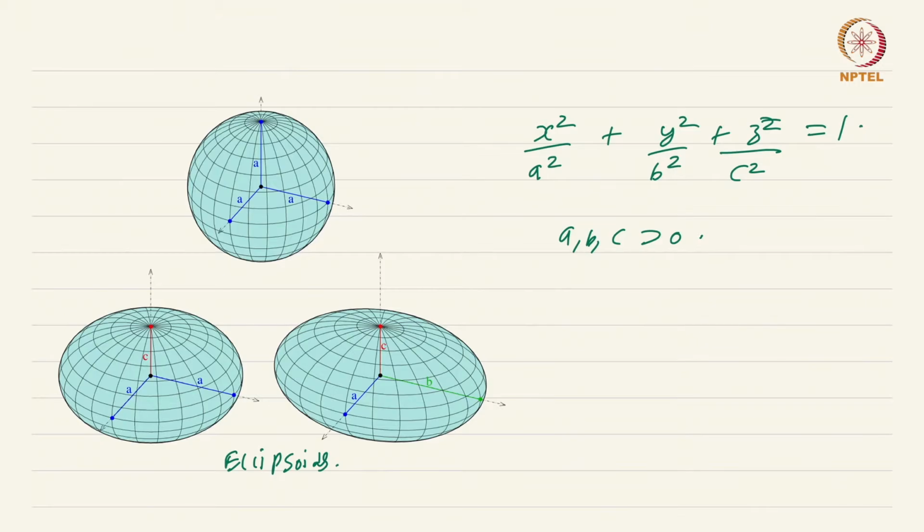These will give you various objects depending on the relationship between a, b and c, where you might even get a sphere, which is the case when a equal to b equal to c, and depending on how different they are, you might get different objects which are elongated, egg-shaped, almost earth-shaped also, where the earth is actually an oblate spheroid. So you get various objects which are somewhat like oblongated balls.